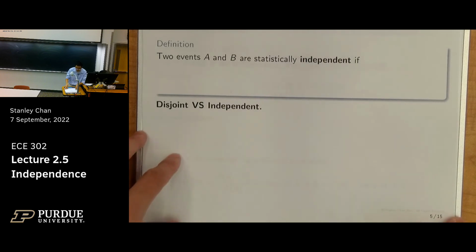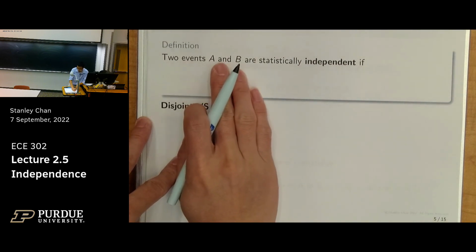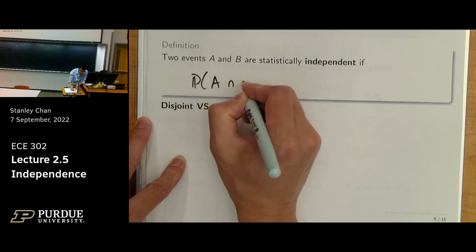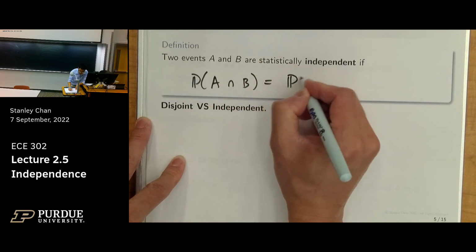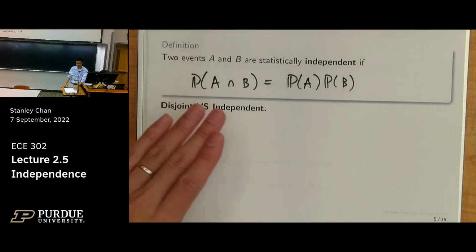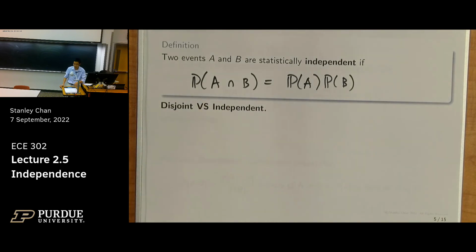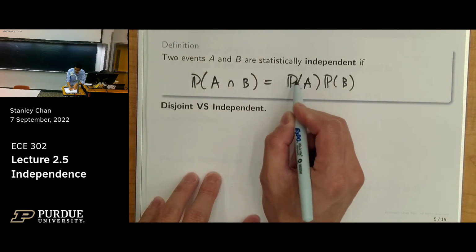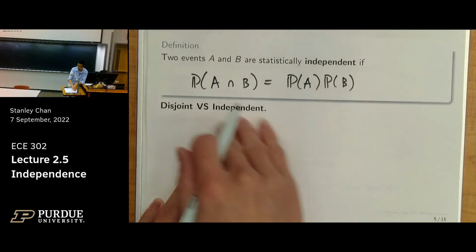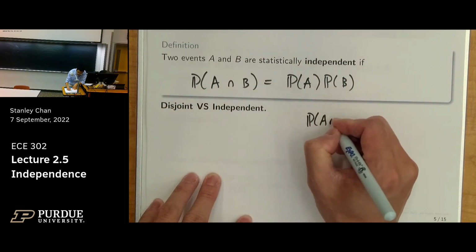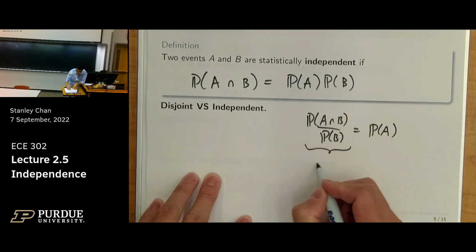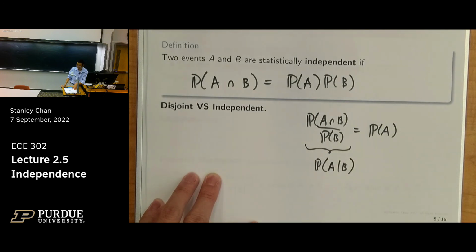So how do we define independence? We say that the two events, A and B, are statistically independent if the probability of A intersect B is the probability of A times the probability of B. Now, I claim that this is the same as your conditional probability, because if you move the probability of B to the left-hand side, you get the probability of A intersect B divided by the probability of B equals the probability of A. And this is the probability of A given B, right?